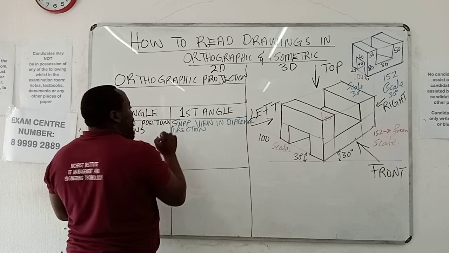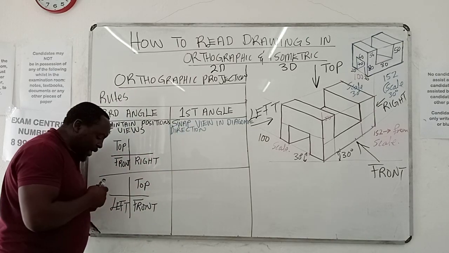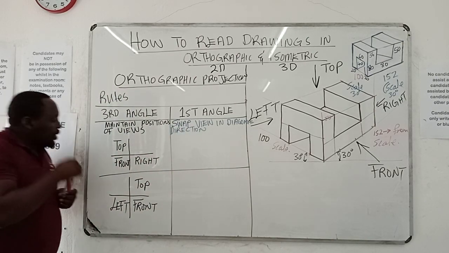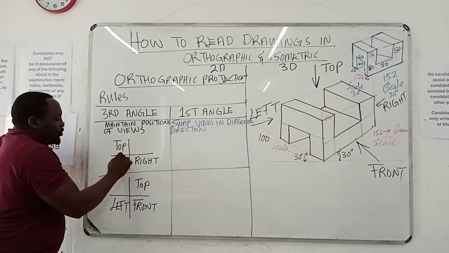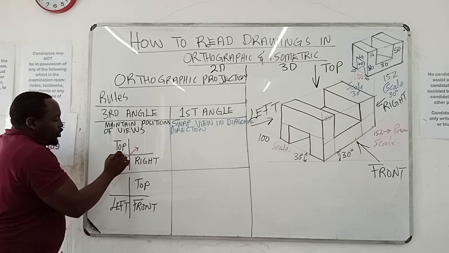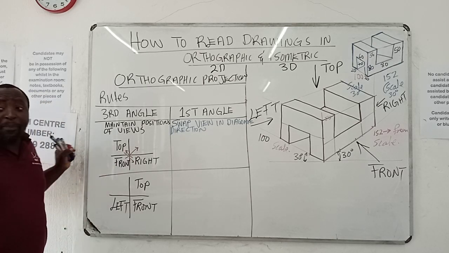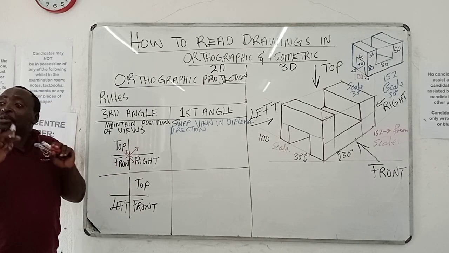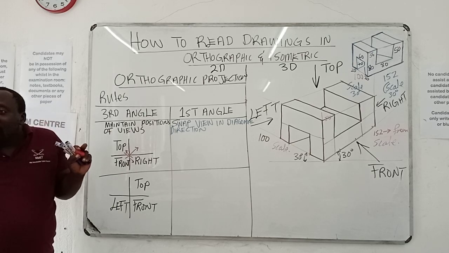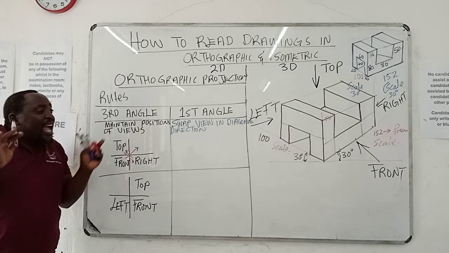So you swap views in diagonal direction. What I mean is, when the front will go there, the top will go there, the right will go there. You just swap them. Third angle has already done the reading. First angle is just swapping.